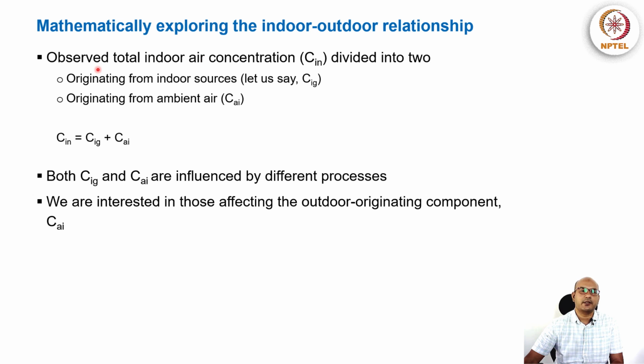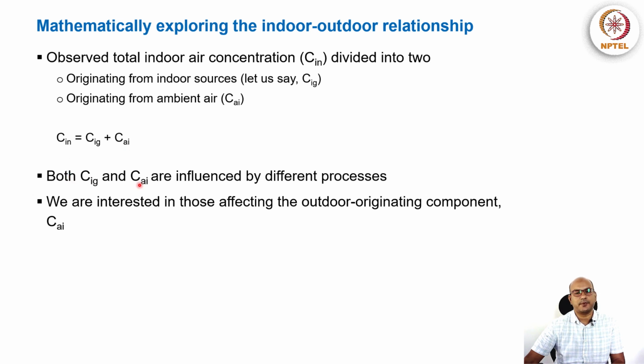So let us say we can divide the observed indoor air concentration in two parts. One which is originating from indoor source, let us say CIG, and one which originated from ambient air, our ambient air concentration, CAI. So if we are looking in this sense, we have CIN equal to CIG plus CAI.